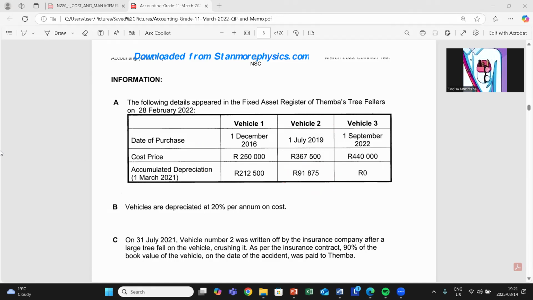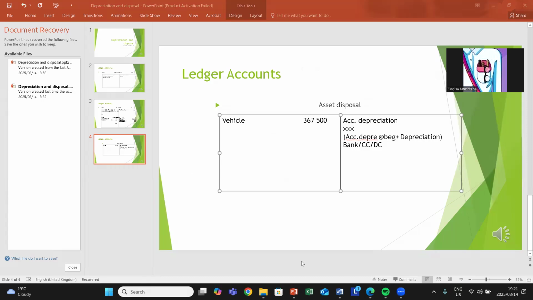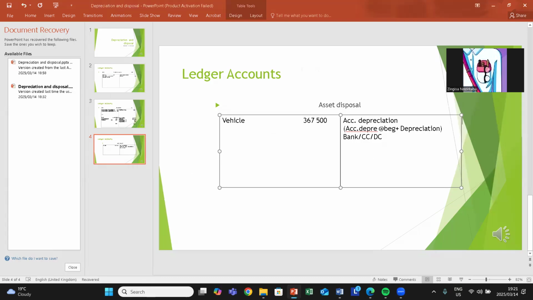And then let's go to the credit side. On the credit side, you have accumulated depreciation. What are you going to record there? It is basically the accumulated depreciation at the beginning of the year, which you are going to add to the depreciation of the current financial year.